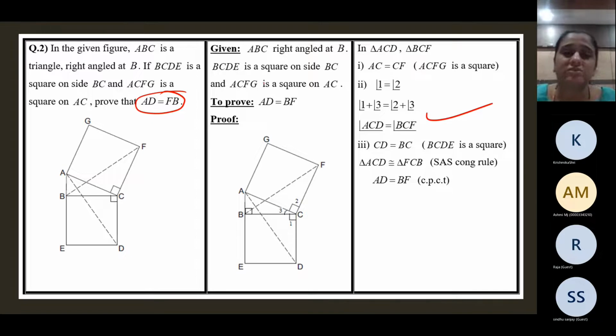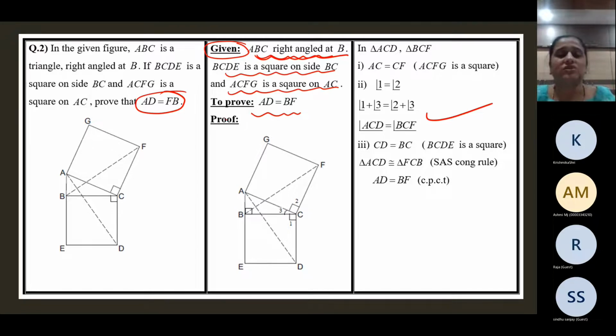Of course, children, in this chapter, congruent triangles, you should always write the heading Given and write out what is given, in short. Whatever information is given in the question, you must write that. Then write what is to prove, AD is equal to BF.